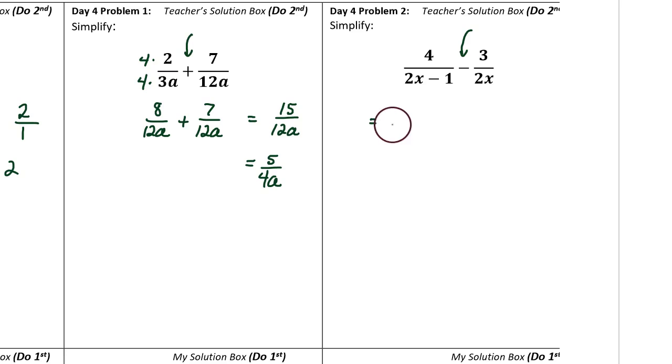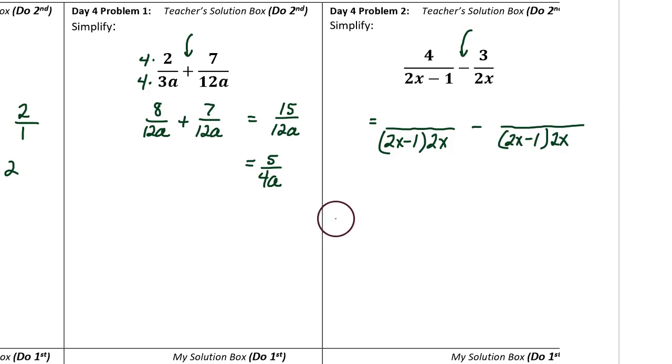Our LCM, or least common denominator in these problems, will consist of the 2x minus 1 and the 2x. Let's rewrite both fractions so that they use that as their denominator. What do we need to multiply the first fraction by so that its denominator has a 2x minus 1 and a 2x?